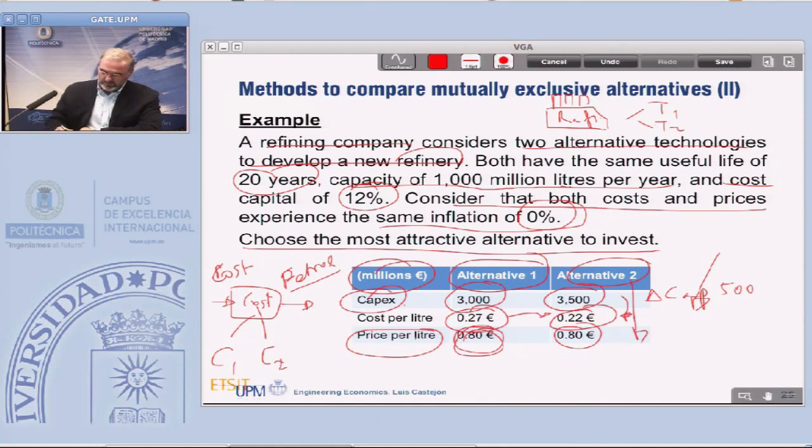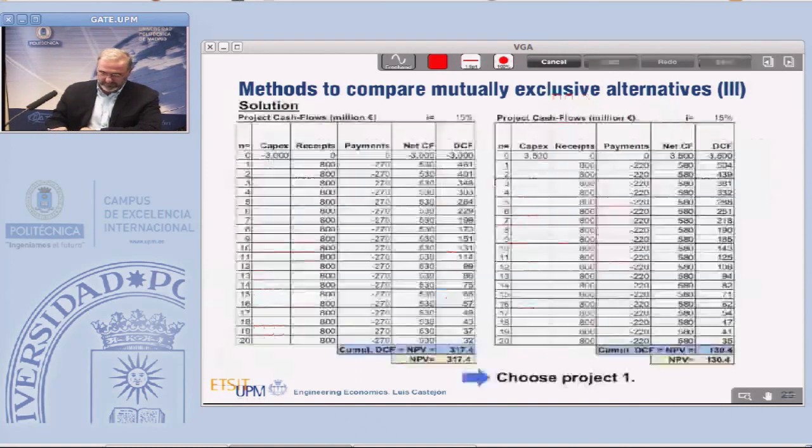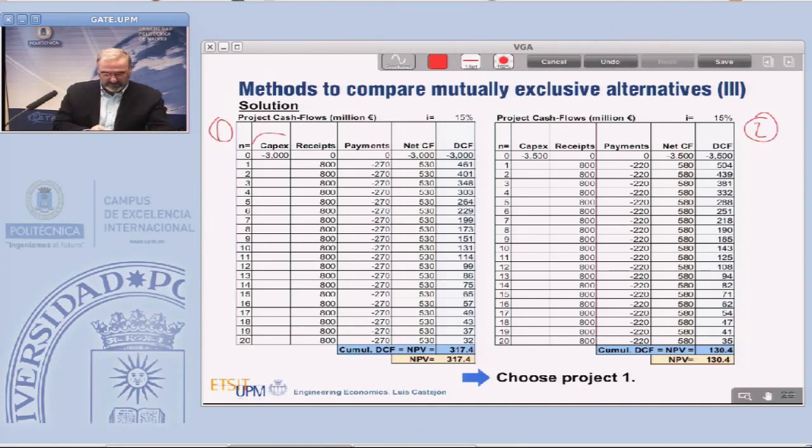So we have to choose among them, and we can calculate both project cash flows, project 1 and project 2. The capex for project 1 is 3,000 million. Capex for project 2 is 3,500.